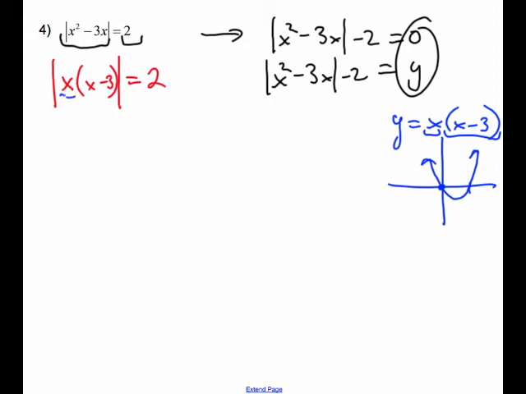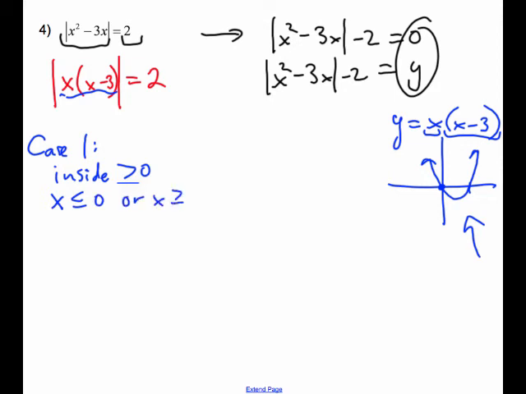And so the function inside would be positive when this graph is above the x-axis. Okay, so case 1 is that the inside is positive when x is 0 or less, or 3 or greater. And I know that just by looking at the graph of this function itself, which is a parabola.